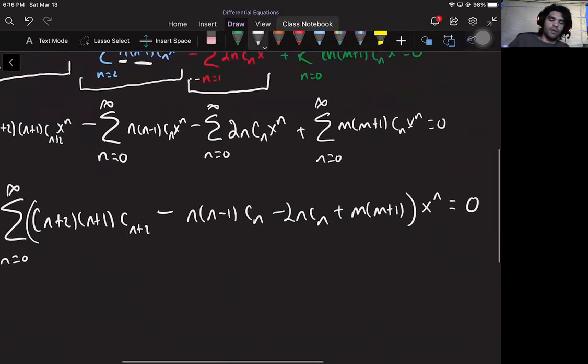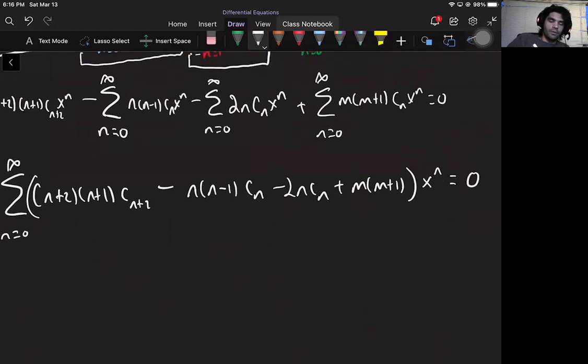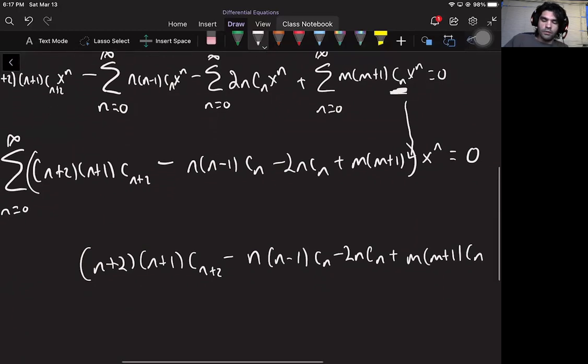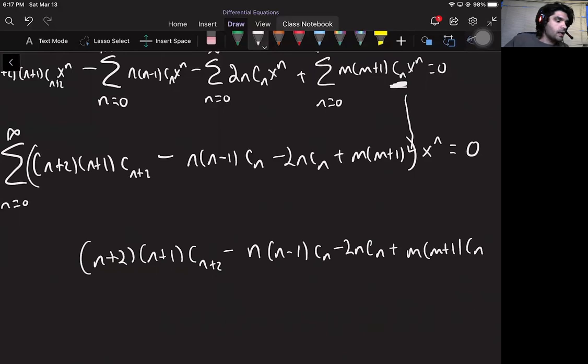So now I know that I need my coefficients to equal 0, which means that now I can just change, basically get, the next step is just writing the same thing down without that sum. And now there's a lot of stuff you could do, but this is where going through it ahead of time pays off because there's so many different things you could do. Oh, there should be a cn here as well. So what we are going to do is we are going to put all the cn terms together.